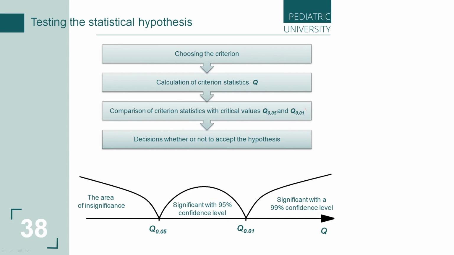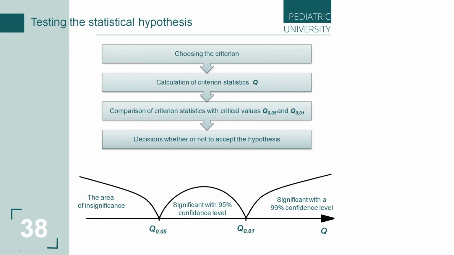In medical research, we take the level of significance alpha as 0.05. We can take a more exact one, 0.01, so we get 5% and 1% of error. Let's represent this on a coordinate line. You can see it on the slide. We have some tabular value here. There are tables for each criterion. You will use them in practical exercises.